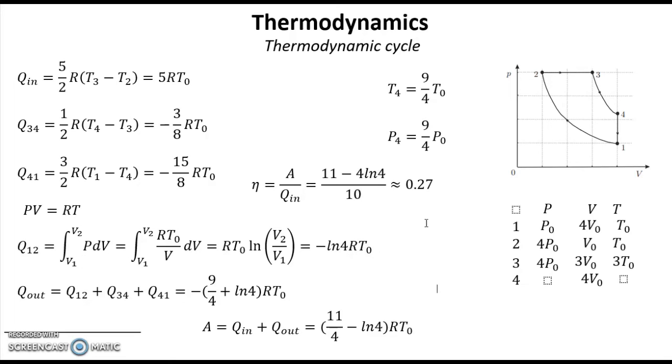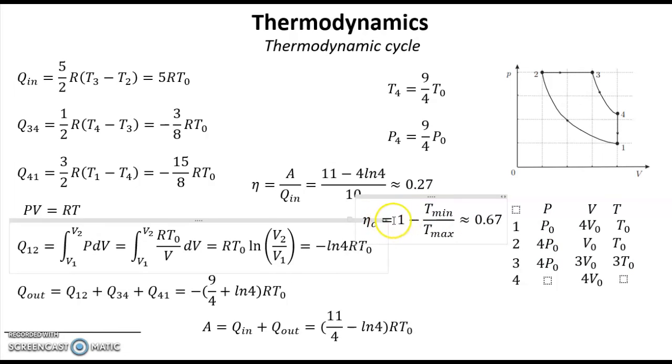And for the Carnot cycle we have this efficiency, that's 1 minus T minimum over T maximum, which is about 67%. So that's a comparison. That's it. This problem is done.